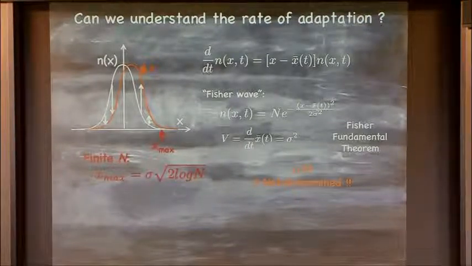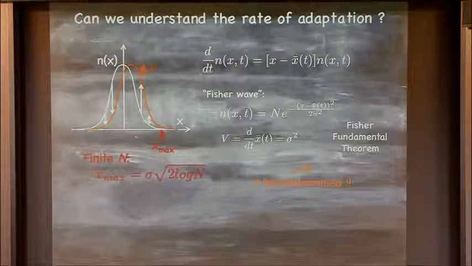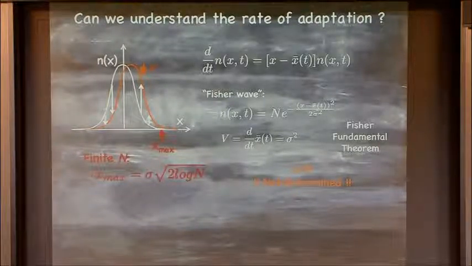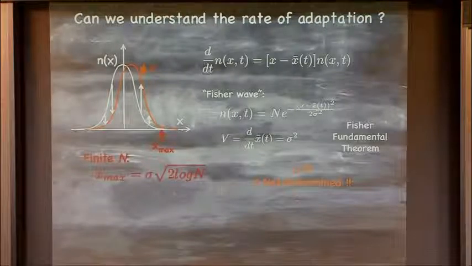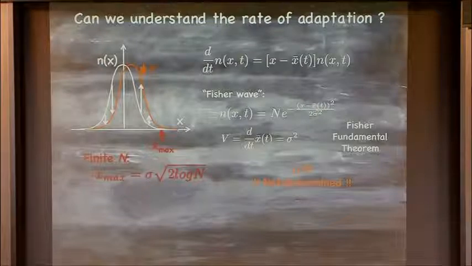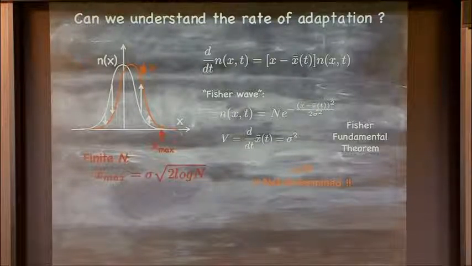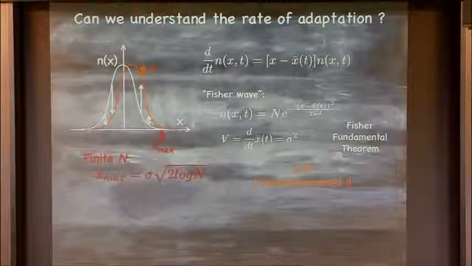So, okay, why is this important? Right? This Fisher traveling wave moves forward because the imaginary individual way ahead of the front will eventually get a chance to get amplified and take over the whole population.